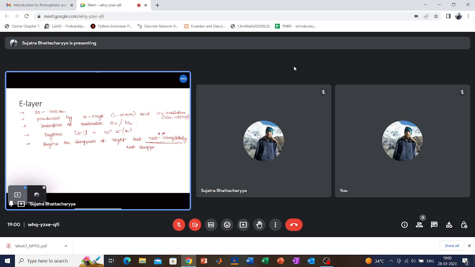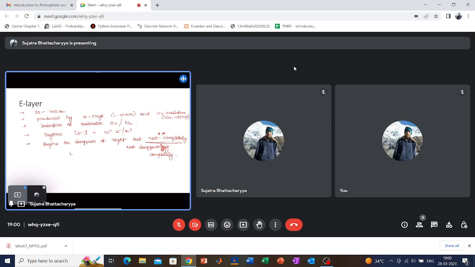But D layer, you can see that it is disappearing completely during the night, and in fact F1 layer also disappears during the night. Not disappearing completely. Fine.